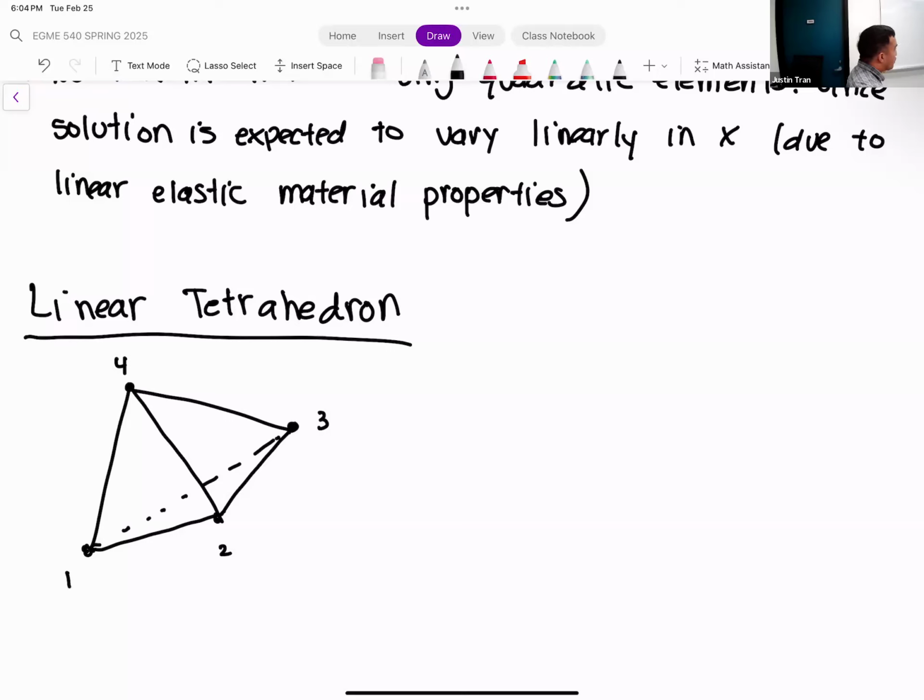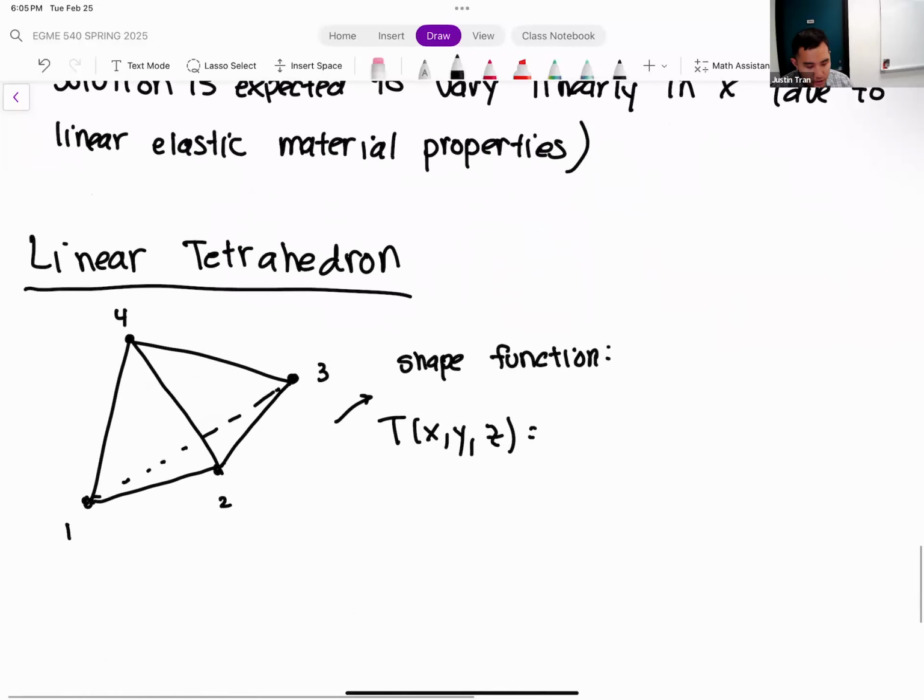I'm going to go ahead and label them 1, 2, 3, 4. Again, it doesn't matter exactly the order in which you number them. I'm just doing it to count. Okay. And so since our element here has 4 vertices, that means the shape function is also going to have 4 unique terms. T of x, y, and z. Okay, remember we're in 3 dimensions, so we have to include the z coordinate as well. So our 4 terms here are very straightforward. These are all just the first order linear terms as well as the constant term.